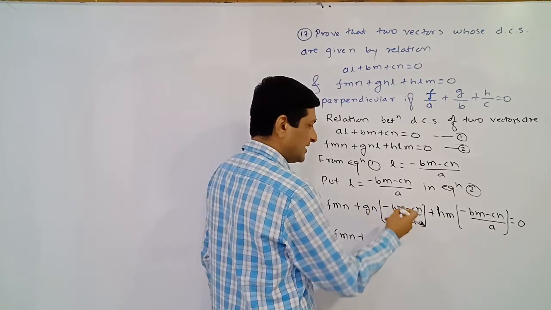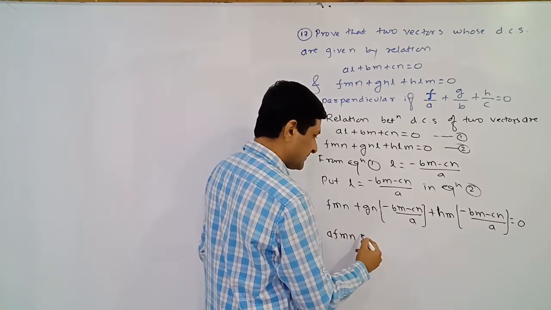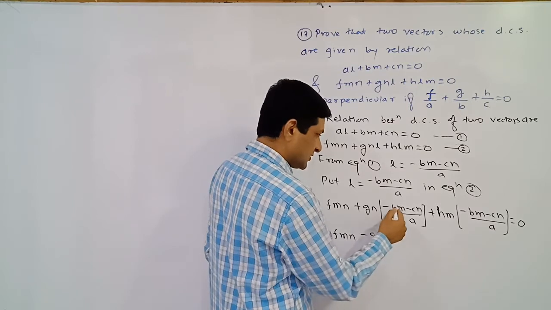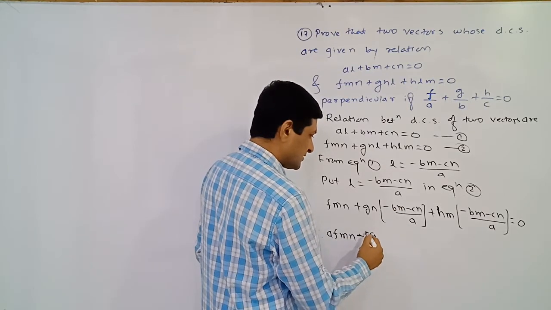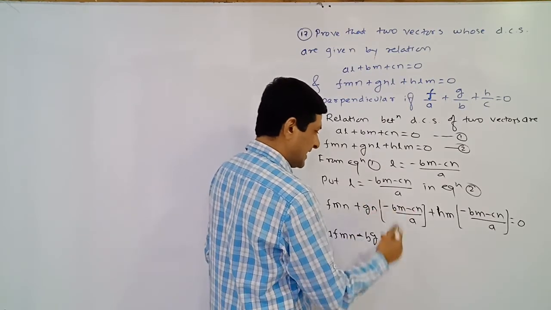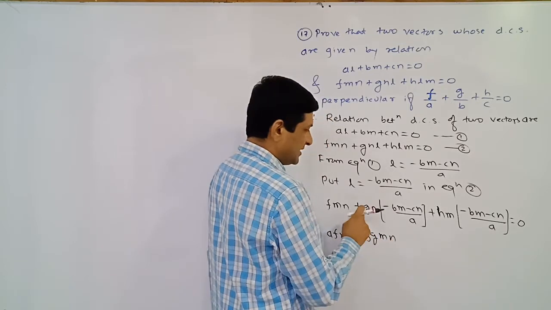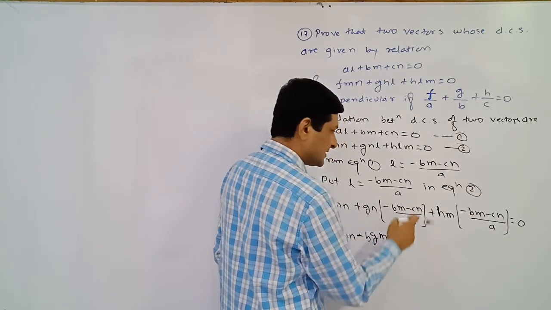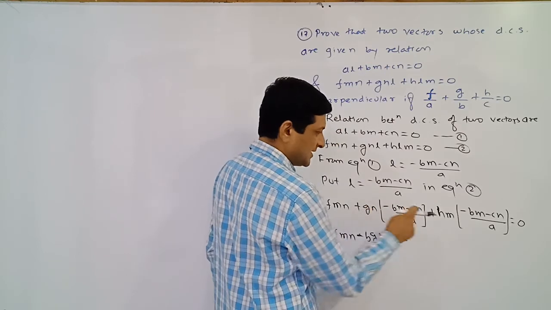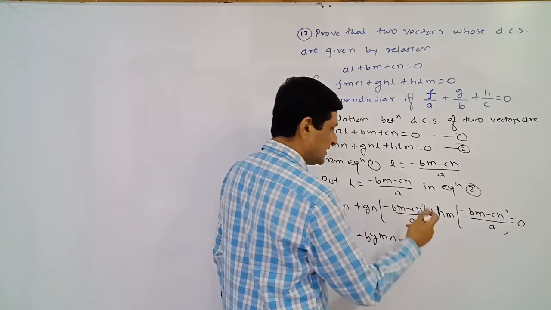Gn into minus Bm will be minus BGMN. Here also plus into minus will be minus, and this product of Gn and Cn will be CGN square.